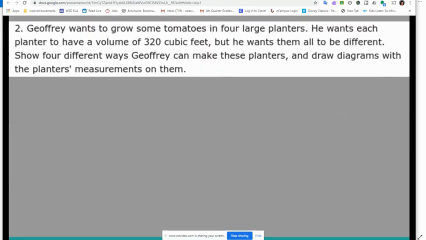Okay, let's have you look at this one for a minute. Jeffrey wants to grow some tomatoes in 4 large planters. He wants each planter to have a volume of 320 cubic feet, but he wants them all to be different. Show 4 different ways Jeffrey can make these planters and draw diagrams with the planters' measurements on them. So we have the total amount, and that is 320 cubic feet.